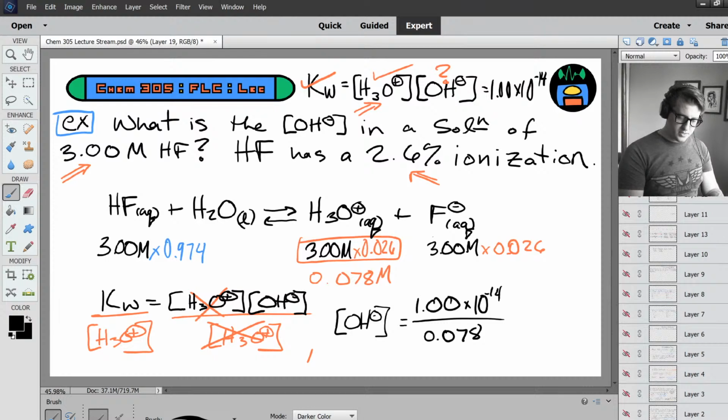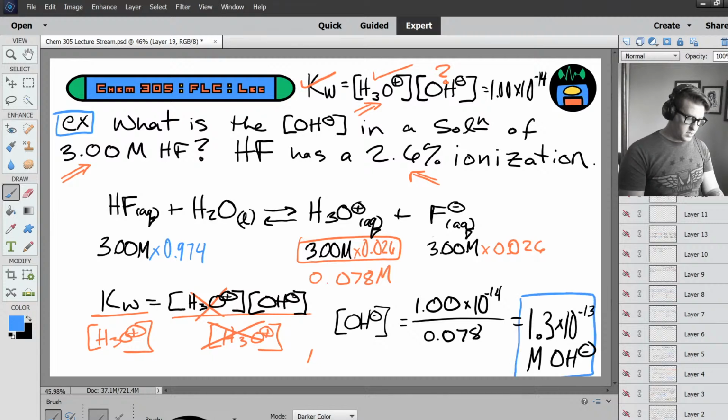Crunch our numbers, and they come out to, let's say we can keep two sig figs, 1.3 times 10 to the negative 13 molar OH. That is our answer.